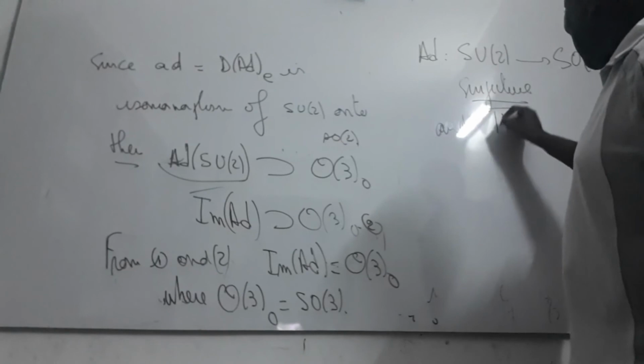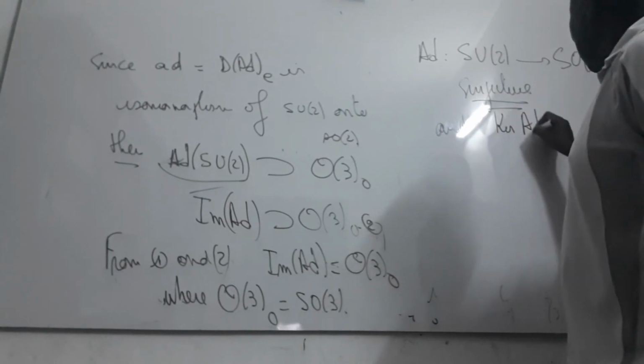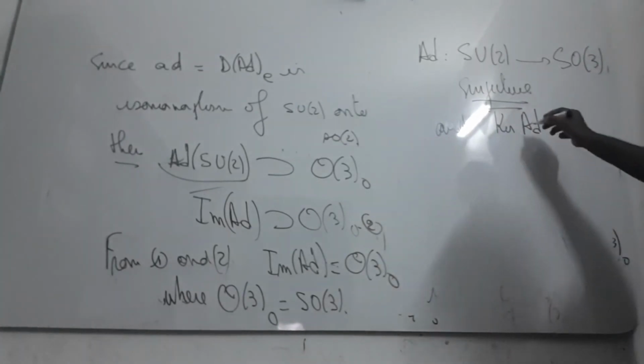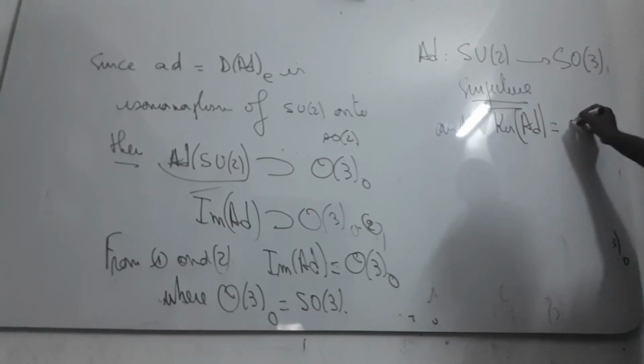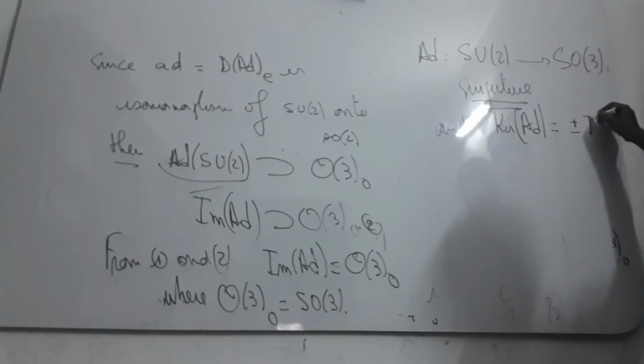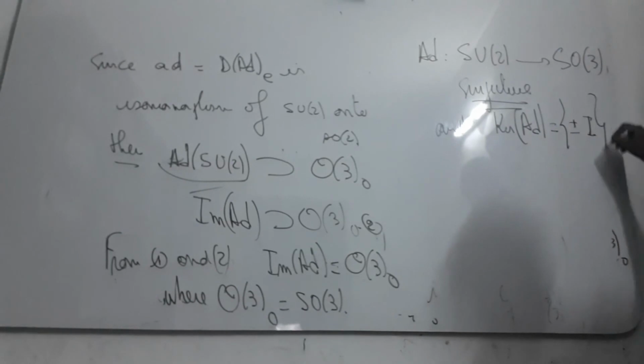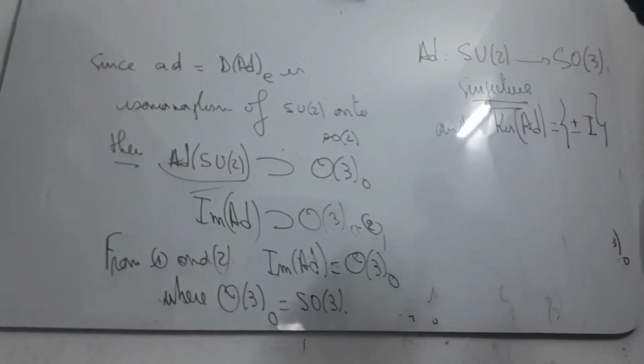When we compute the kernel of the adjoint, it contains exactly these elements.